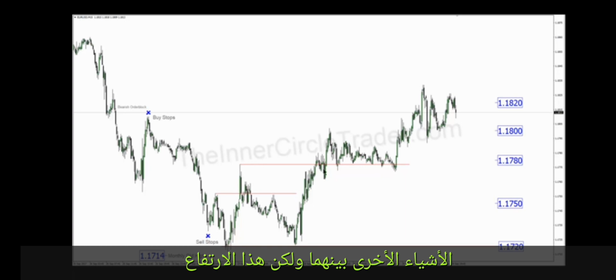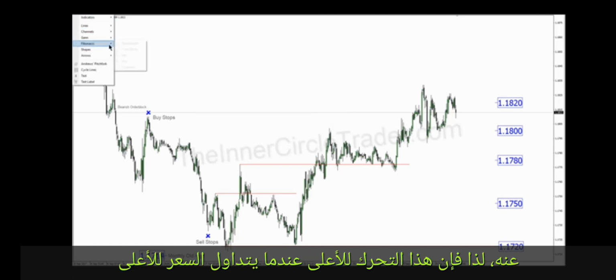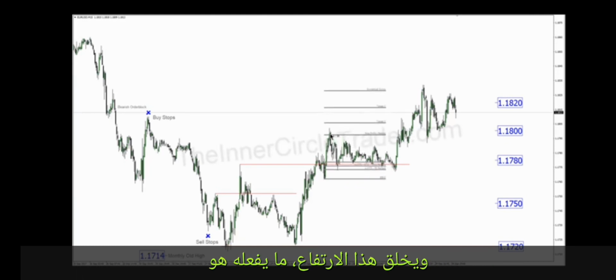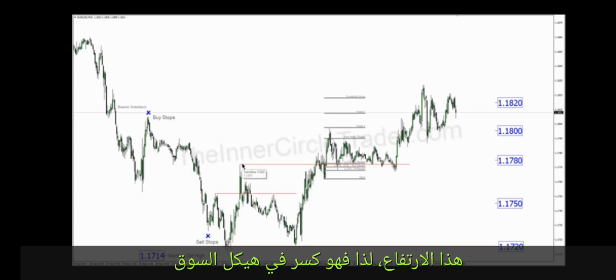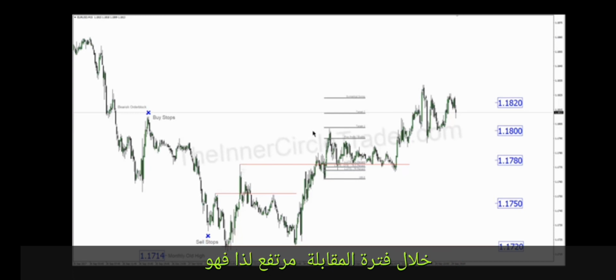But this rally right in here, this impulse leg, is all that we would be looking for. When price trades up and creates that high, it's making a more convincing run above this high. So it's a market structure break on an intermediate term high, much more reliable, so the retracement on that is going to be much more significant.